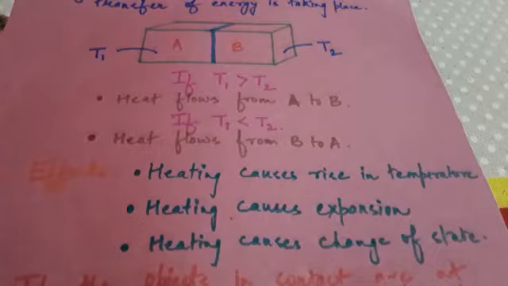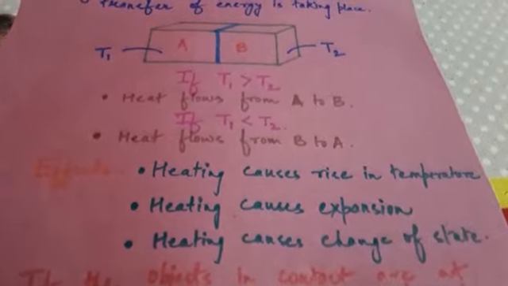Now, what happens if we try to heat or give more energy to this liquid water? This liquid water turns into water vapor, and that's how again the change of state takes place. So, heating also causes change of state.